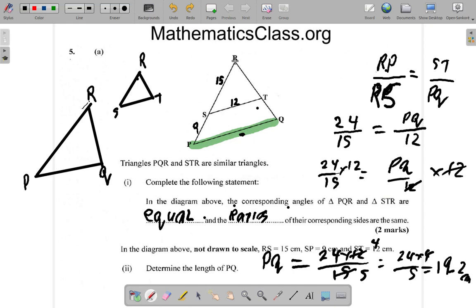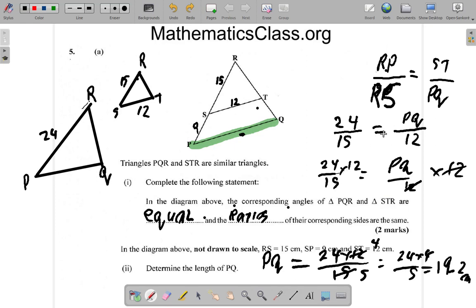So big triangle, the left side RP is 24 over the left side of the small triangle, RS is 15. So remember, it's the same 15 here, and this is 24. This is the 12, and this is PQ, what we want to find.